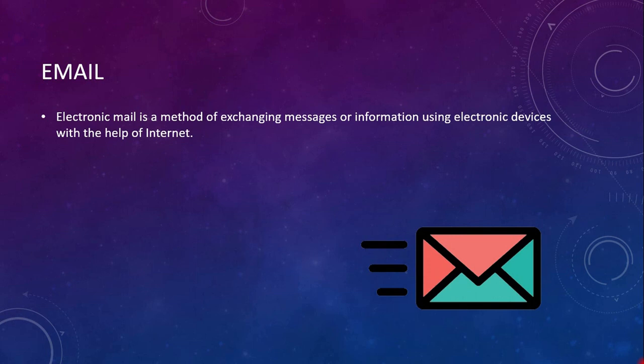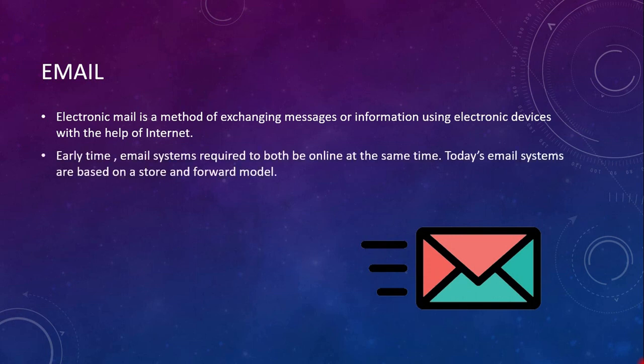That's why email is popular in the corporate world. In early times, an email system required that both the sender and the receiver must be online at the same time. But today's email systems are based on a store and forward model. So the sender can send the email at any time and it doesn't need the receiver to be online.